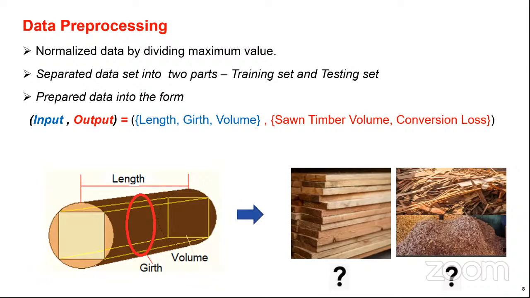The training dataset was used to build the network model, and the testing dataset was used for measuring the performance of the fitted model. Then the collected data was prepared into input and output form. Here the 3 measurements of each log were considered as input variables of the model, and sawn timber volume and conversion loss were the target variables.